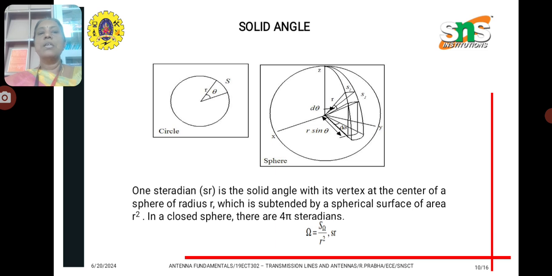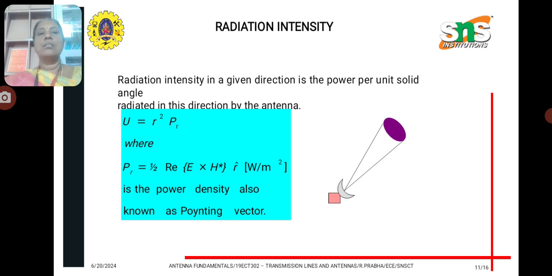In a closed sphere there are totally 4 pi steradians, and this angle is given as S divided by r squared steradians.